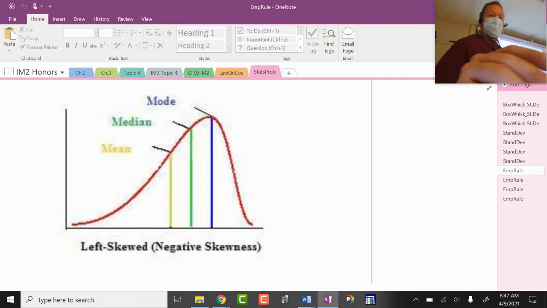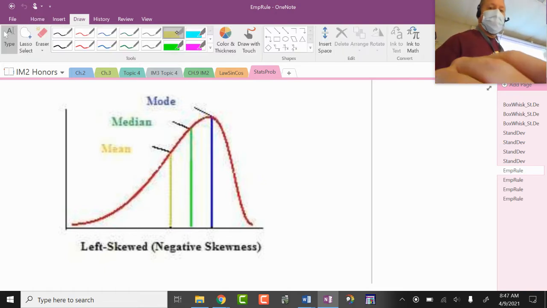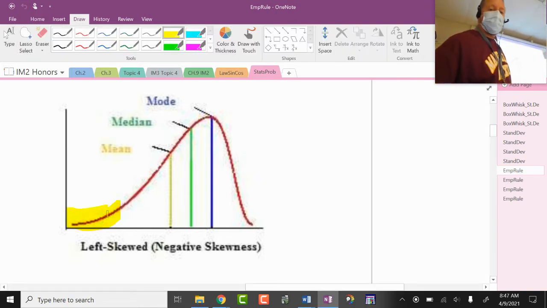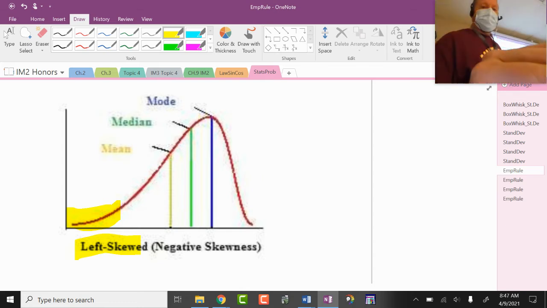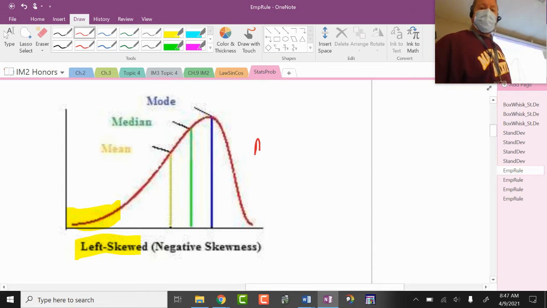Now, the reason they call this skewed left, as I read on this website, is it tails off to the left. Another reason is mode is the most occurring, which is this high value right here. But in a skewed left scenario, the mean is less than the median.